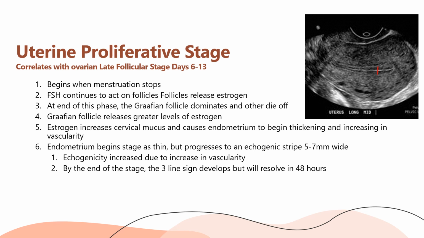So this phase begins with the endometrium as very, very thin, just that 1 millimeter line that we saw at the end of the menstrual phase. Throughout the phase, it's going to thicken, and it will stay relatively hypoechoic.